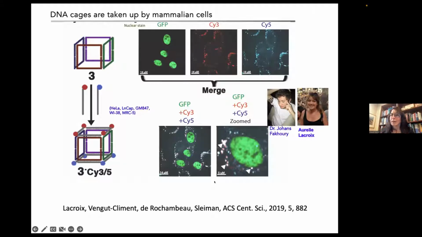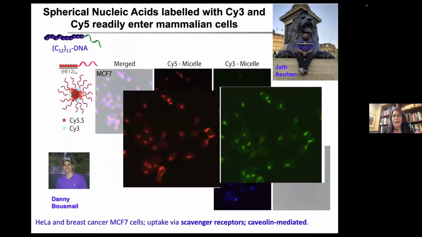So if you're very careful, you still see uptake of our DNA nanostructures inside cells. The most robust uptake that we've seen is with our spherical nucleic acids. They really go very nicely into cells. And recently, Jath in our lab has figured out that this uptake is mediated by scavenger receptors and occurs by a caveolin-mediated mechanism. So they go into cells, utilizing a different kind of strategy in order to enter cells.